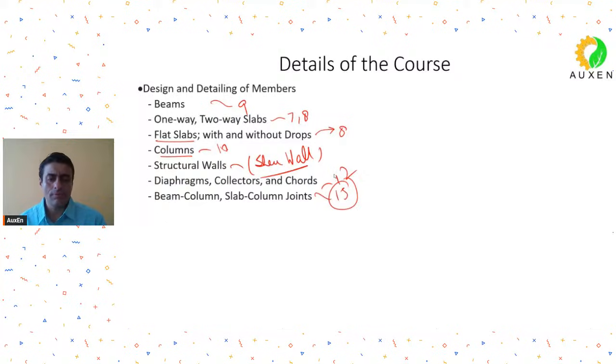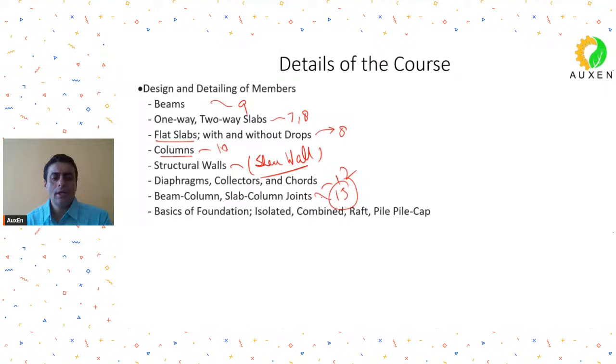So we shall go to joints, and then we will also cover basics of foundation design: isolated, combined, pile, raft. This discussion will be as per, I guess, chapter number 13. So this we will do.